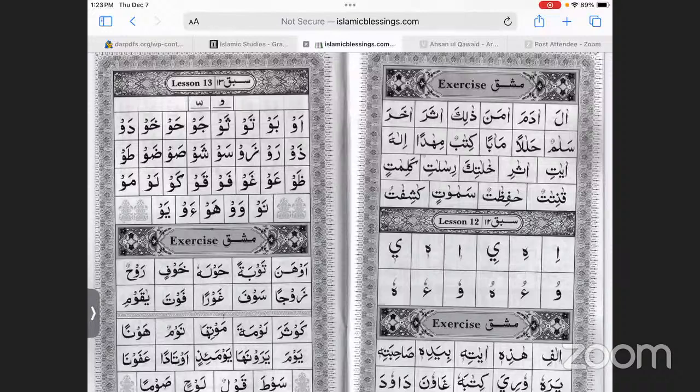Now the exercise. Auhana, auhan, taubatan, taubah, haulahu, haulah, khawfan, khawf, rawhun, raw, zawjan, zawja, sawfa, sawf, ghawra, fauta, faut, ya qawmi, ya qawm.